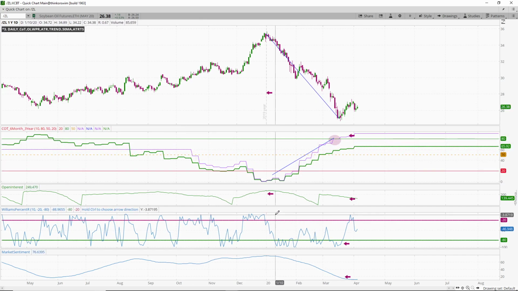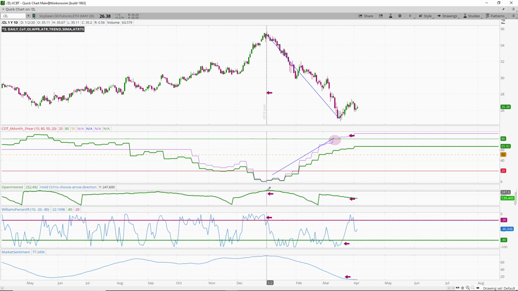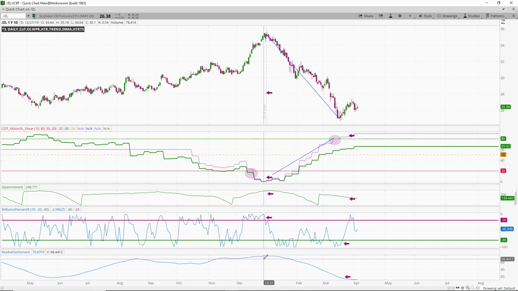Okay? Right. So Williams percentage, WPR, overbought territory, open interest is blazing. Comms are holding a bearish outlook on soybean oil. Market sentiment is extremely high. This is the time to get out of the trade.